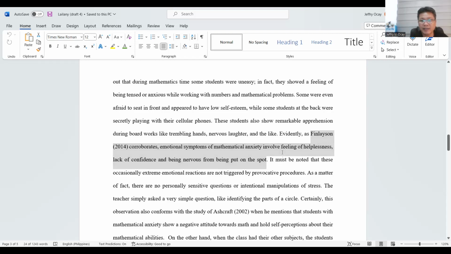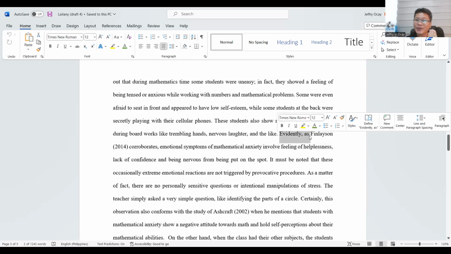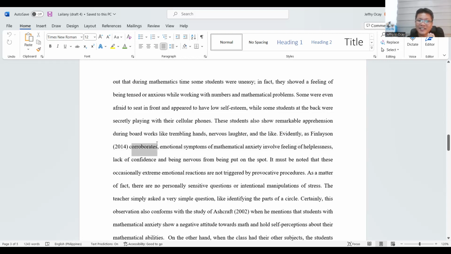We say, evidently, as Finlayson corroborates. When we make the citation, as Finlayson corroborates, we are sending a signal to our readers, to our thesis committee members, that our finding is similar or the same as the contention of one of the famous scholars in this field, Finlayson in this case.